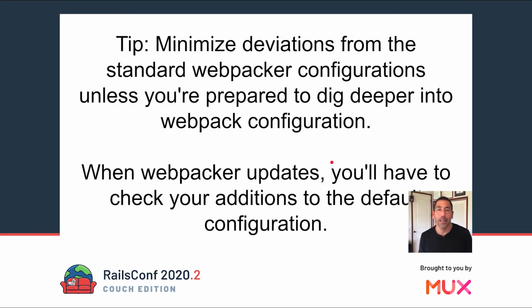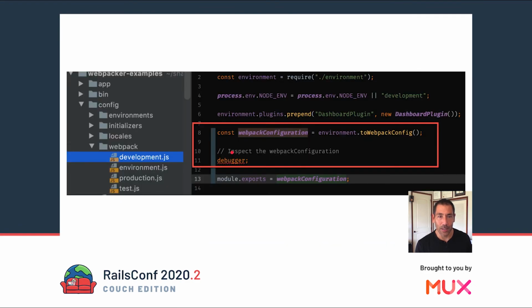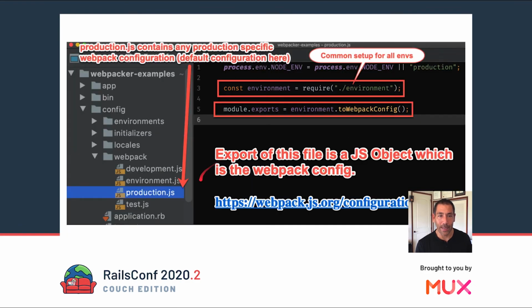So here's a tip. You want to minimize your deviations from the standard Webpacker configurations, which is basically the very, very simple one, which pretty much has nothing in it. And I'm talking mostly about the JavaScript part. I'm not talking about the Webpacker YAML part. I'm talking about your JavaScript part, which would be your environment.js, which applies to all your files, or maybe your production.js, etc. As I mentioned over in the slides, going back a few, right here.